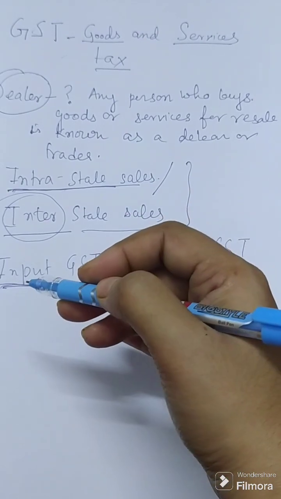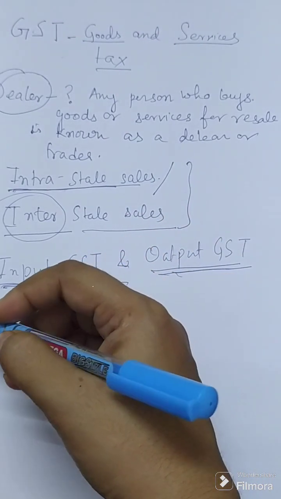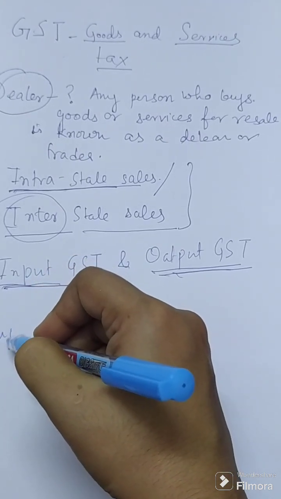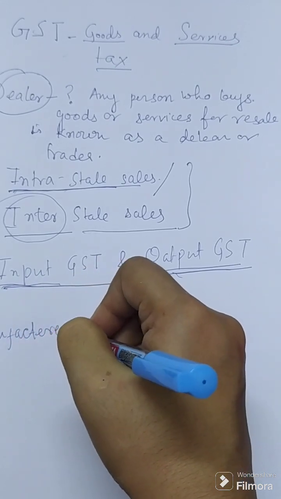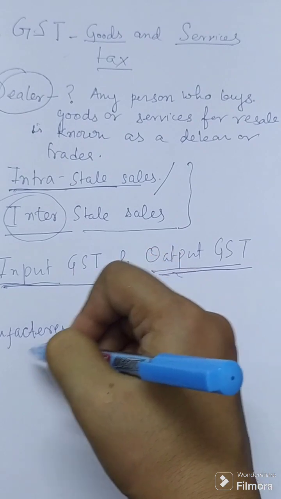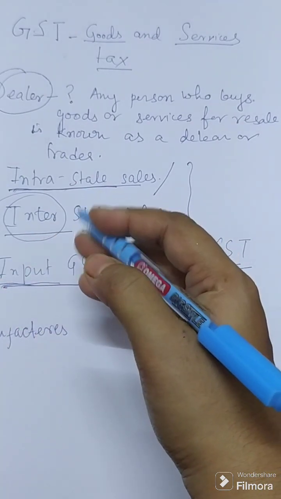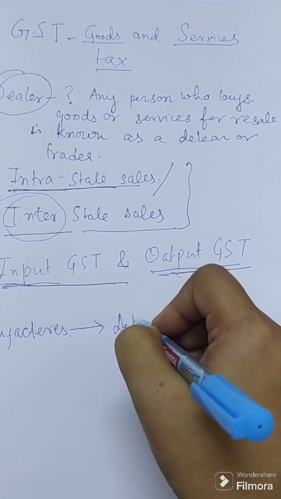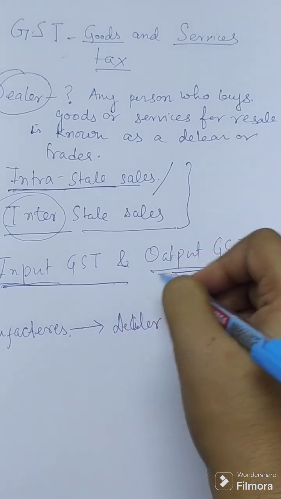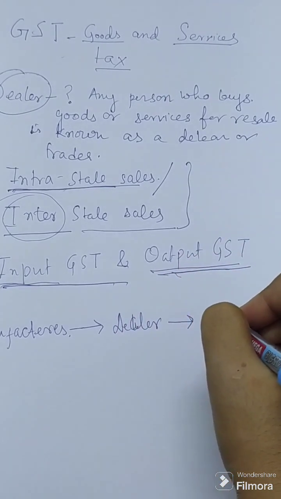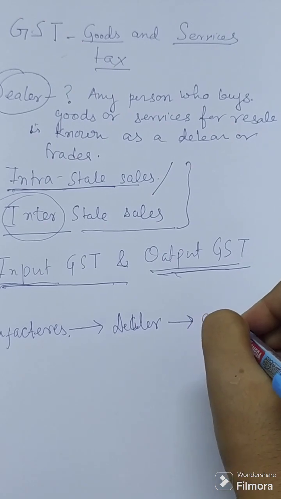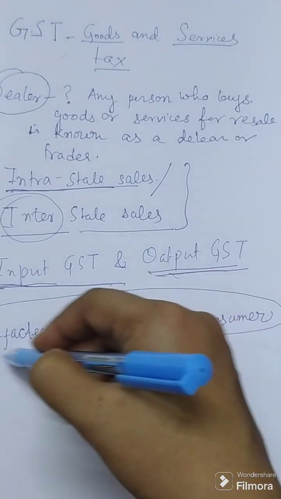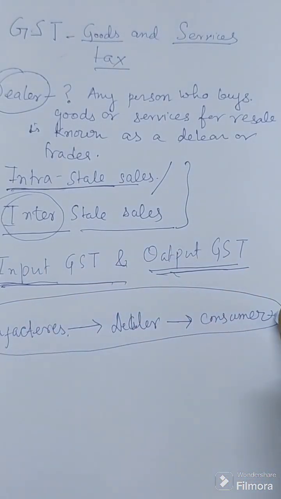When it is a business, there is a chain: the manufacturer makes some things, then it goes to the dealer who purchases it, and then he resells it to the consumer. So it is a chain process of business through which it runs.